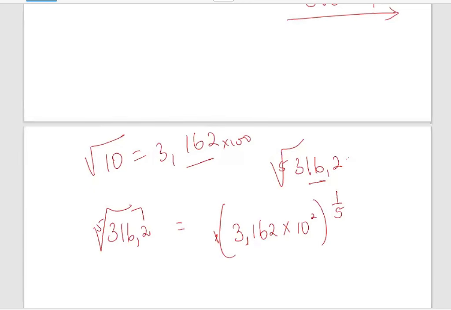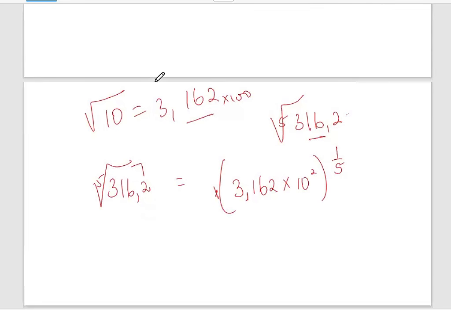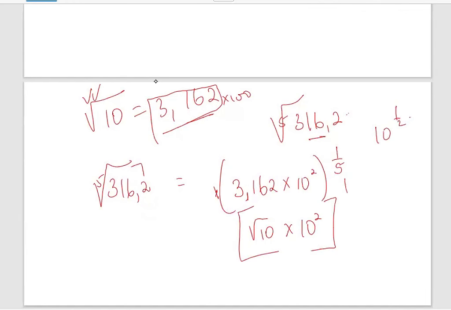Then we were told that 3,162 represents the root of 10. So I'll replace that with the root of 10 multiplied by 10 squared, and we know that the square root of 10 is the same as 10 to the exponent of a half. All of this to the 1 over 5.